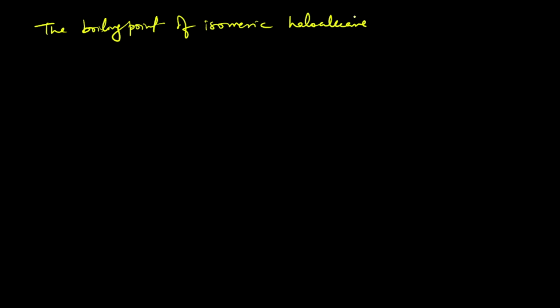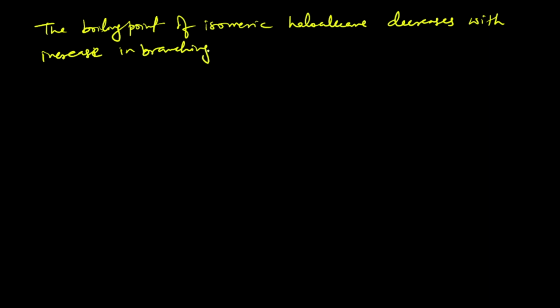So we can write it over here, how we are going to write it in a language. We have to write: the boiling point of isomeric haloalkanes decreases with increase in branching.